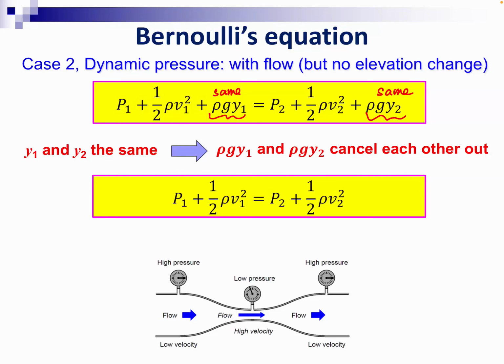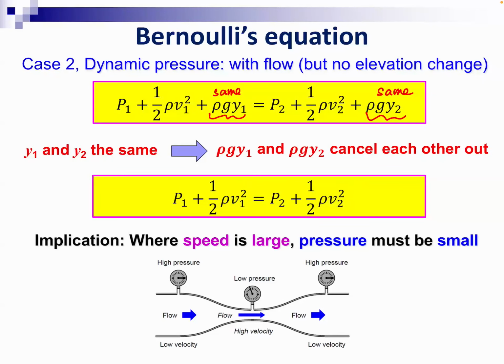Again, don't worry so much about the form of this equation. All there is to do is plug in numbers, if anything, but the most important thing is how to interpret this equation. It's again an equal sign, so we're balancing out the left term with the right term. And what this means is if the speed is large, the pressure must be small.